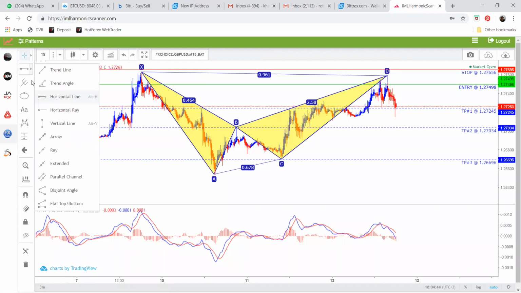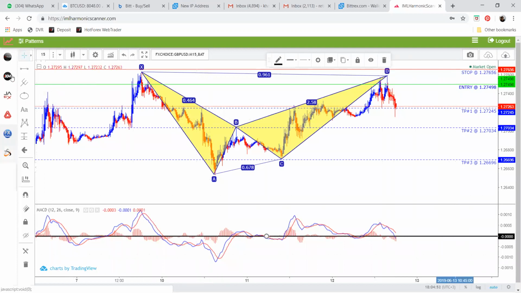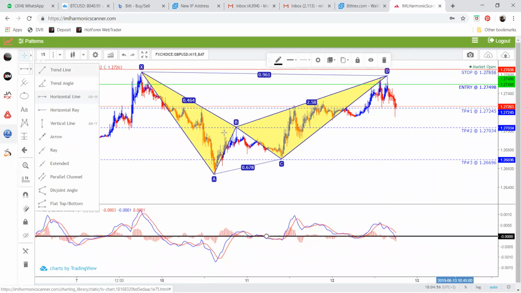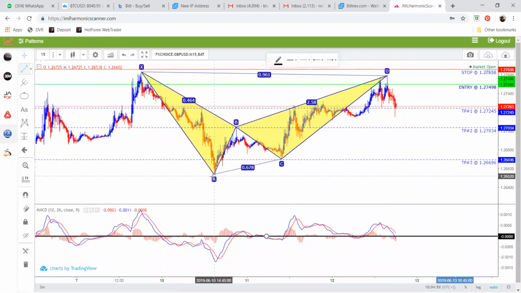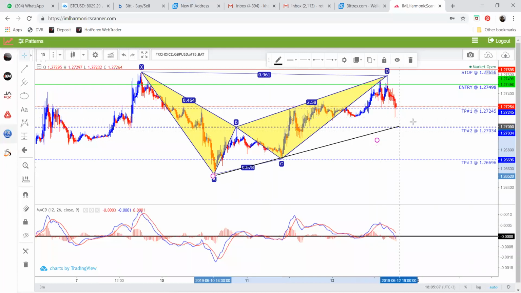So first thing we do, as you guys know, get that line in, perfect. Now we want to get our trend line in. Like I said before, you can have multiple trend lines. So we go from the lowest point, get our trend line drawn in. Right? So let's get that trend line in.